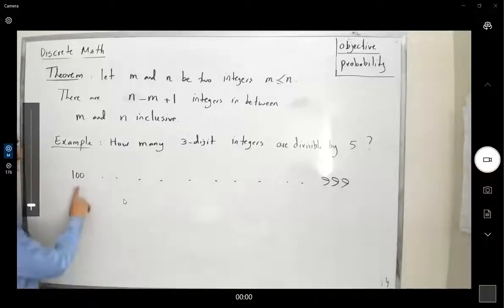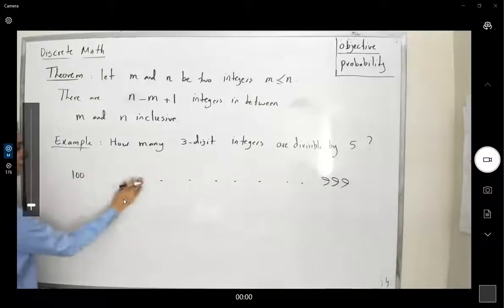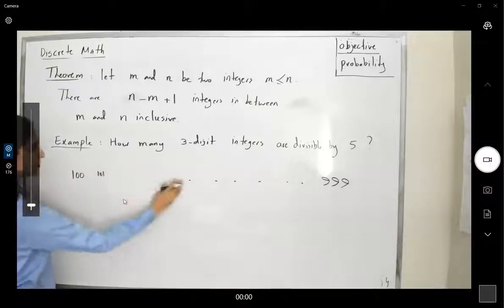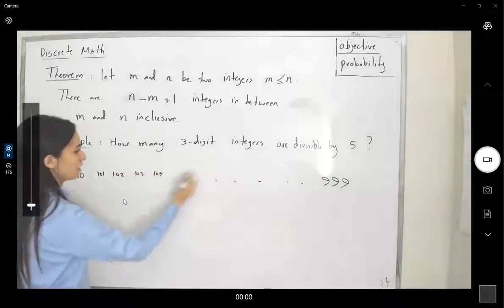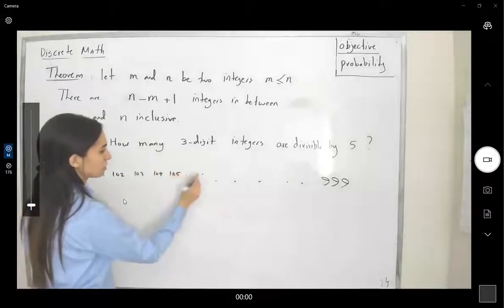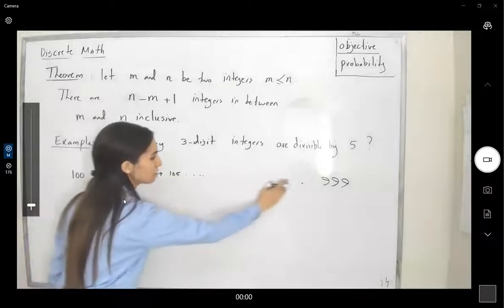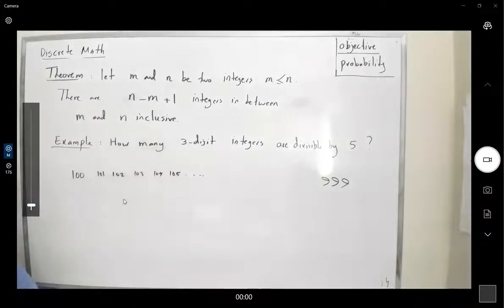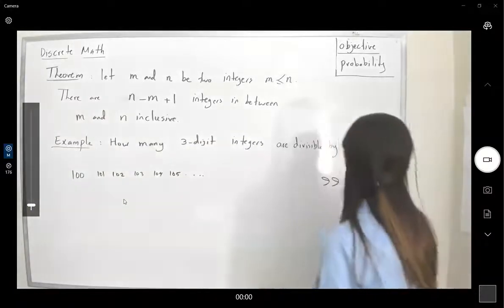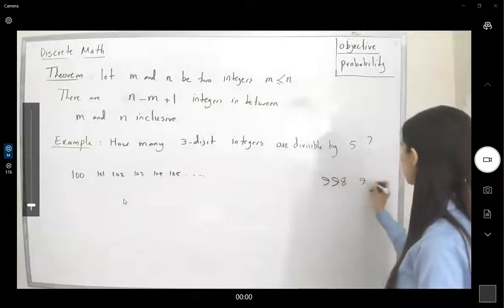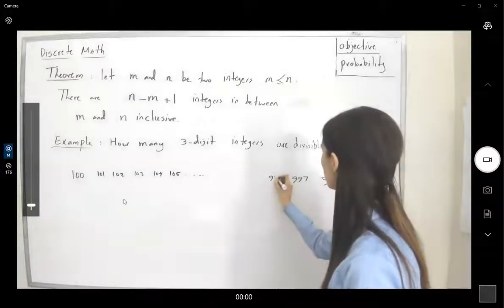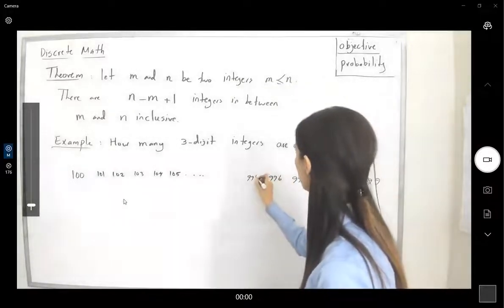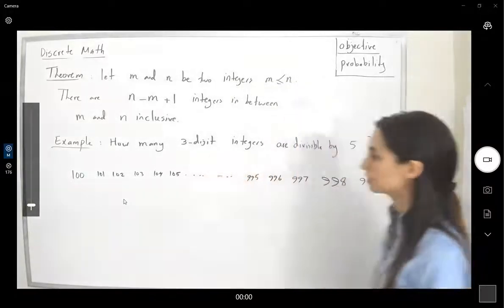Okay, so they have 100, 101, 102, 103, 104, 105, 106, the rest of the numbers. Then we have 998, 999, 997, 996, 995. So they're all the numbers in between them.